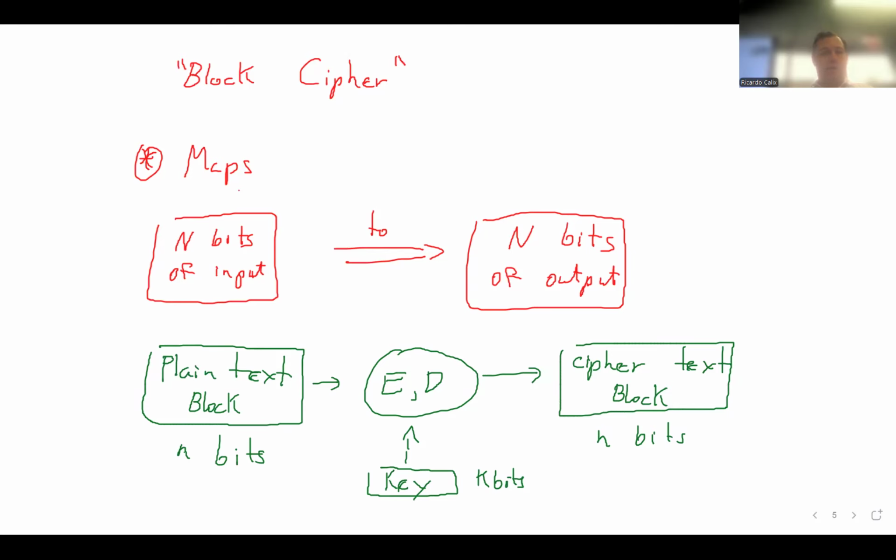So let's look now at some of these classic examples. We have, of course, DES. There's actually something called triple DES. And then there's AES. The first is the Data Encryption Standard, the next is the Triple Data Encryption Standard, and the other one is the Advanced Encryption Standard.